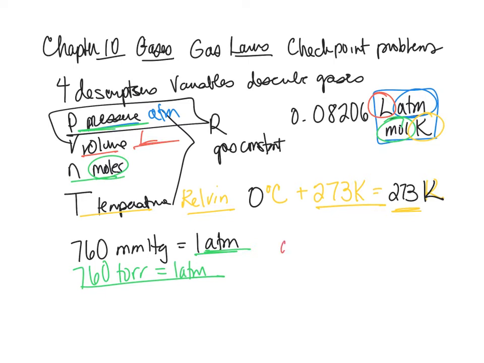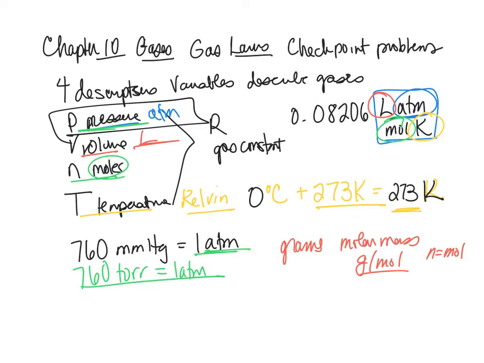And if you're given grams of a substance, then you want to use the molar mass based on that molecular formula to go from grams to moles to get N for moles. So those are the conversion factors you need to do. If you look at the first section, you'll see defining pressure and talking about pressure in the units.